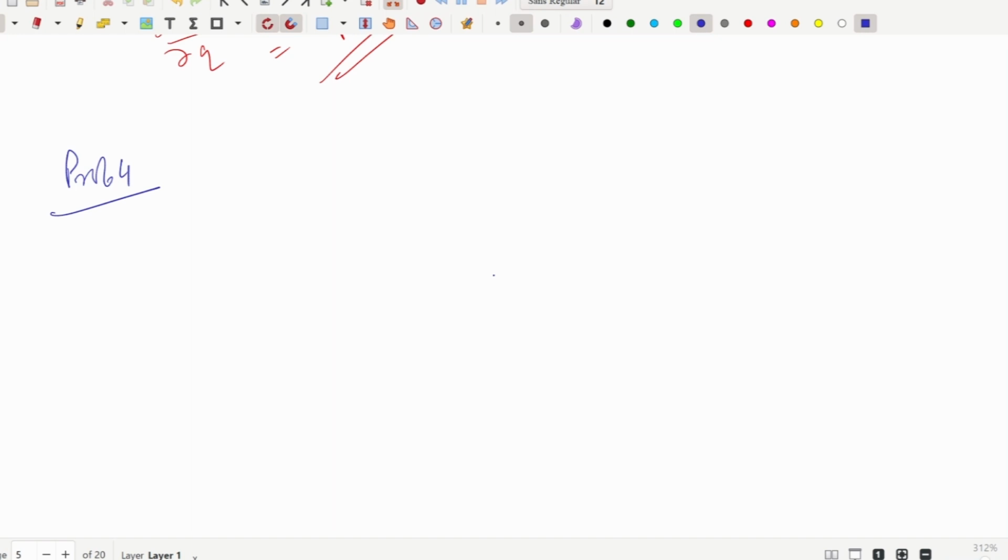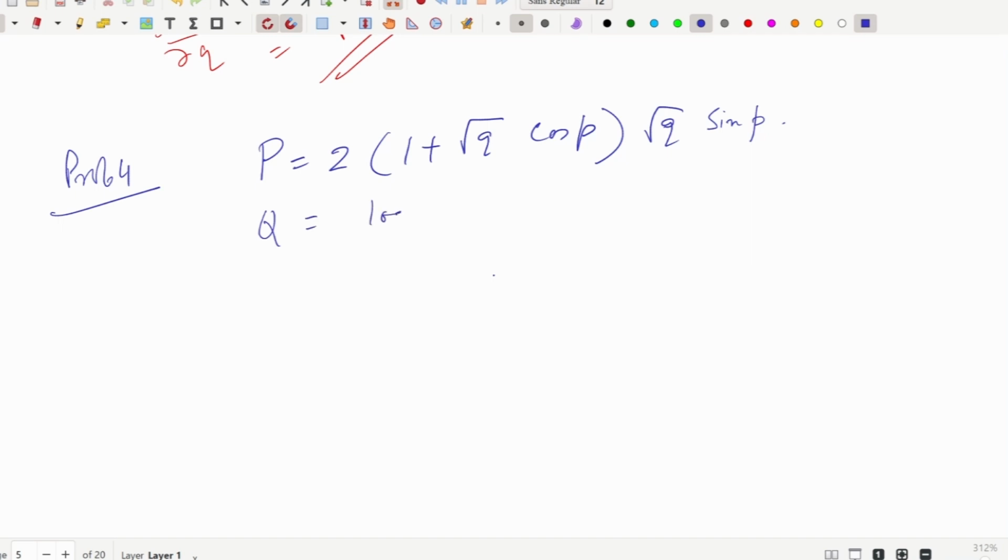The transformation is given like this: capital P equal to 2 plus 1 over root q, cos p bracket, root q sin p, and capital Q equal to log of 1 plus root q cos p.